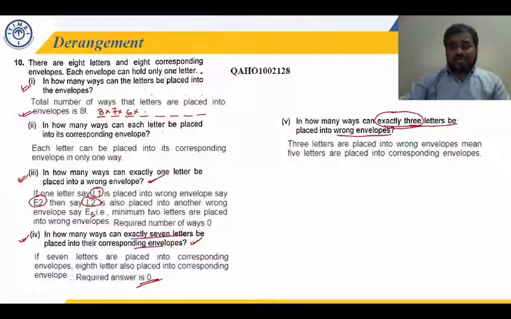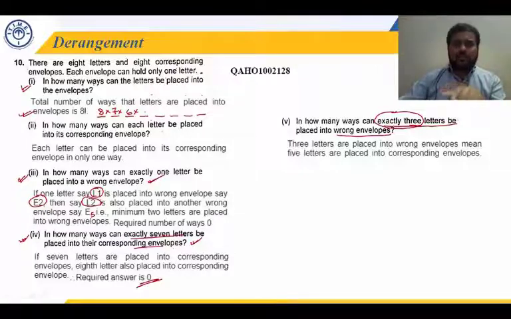If exactly 3 or only 3 letters are placed into wrong envelopes, the remaining 5 are being placed into correct envelopes, right? So first you select those 3 letters which will get into the incorrect envelopes, or you can do it the other way around. First select 5 letters which will get into the correct envelopes. The remaining 3 will automatically get into the wrong envelopes.